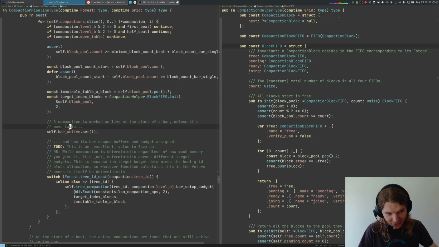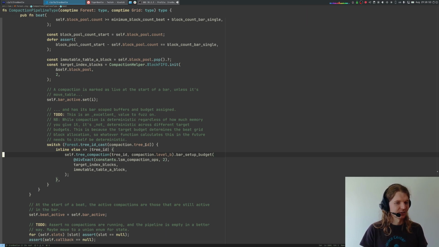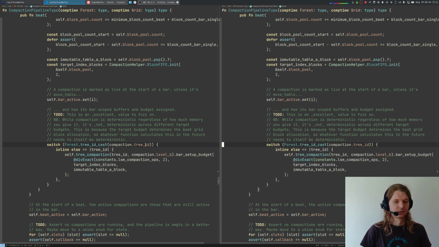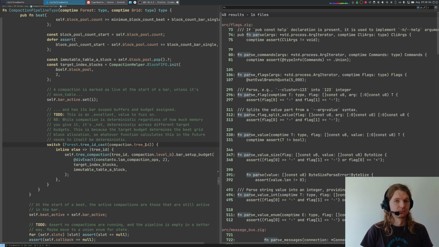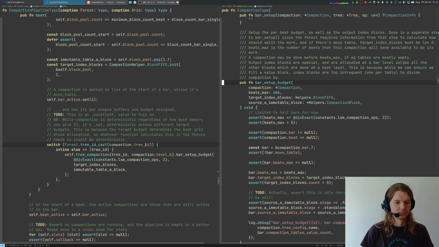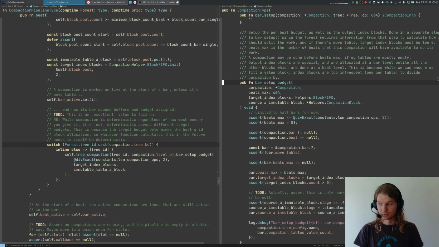Then we say this compaction is active, and probably this bar setup budget will shed some light here. Okay, so what is happening here? We basically want to invoke the bar setup function on a compaction type.